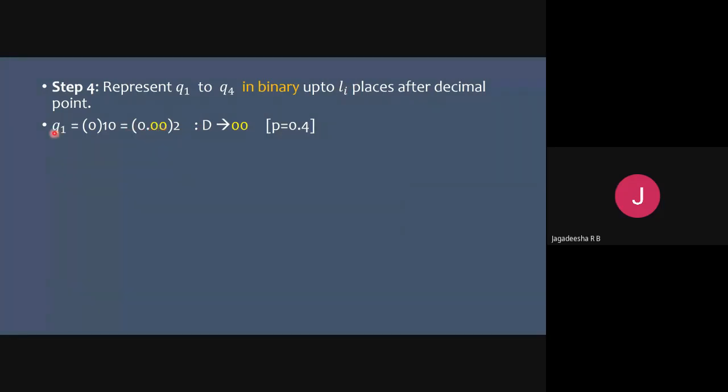So Q1 corresponds to the first symbol D, and its code word is 00. The yellow color here, whatever we have, becomes the code word. Next, Q2. What is Q2? It is 0.4. In the previous slide, we noticed the value of Q2, right? It is 0.4 in decimal. How to convert it into binary? You know how to convert decimal into binary, right? Just multiply by 2, keep multiplying until you get 1.